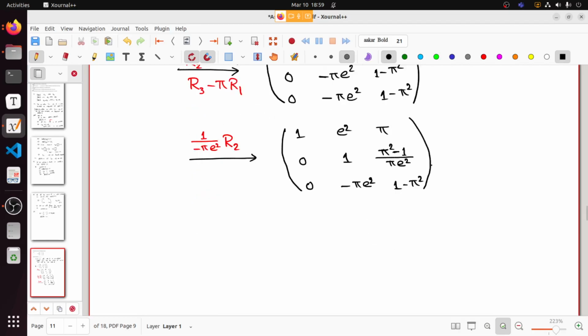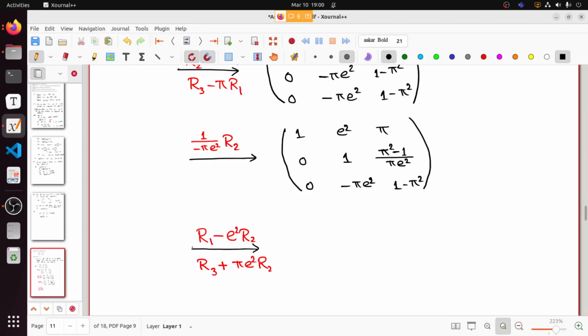Now we have to make the other two entries in the second column 0. So we do R1 minus square times R2, and R3 plus pi square times R2.